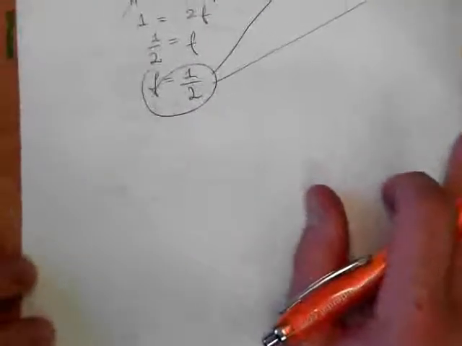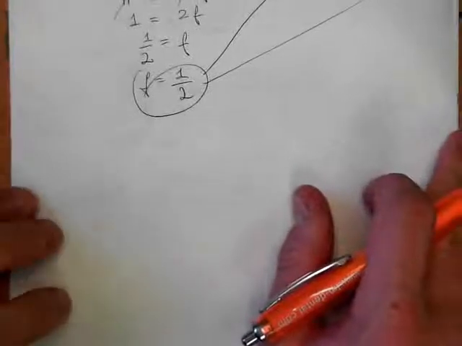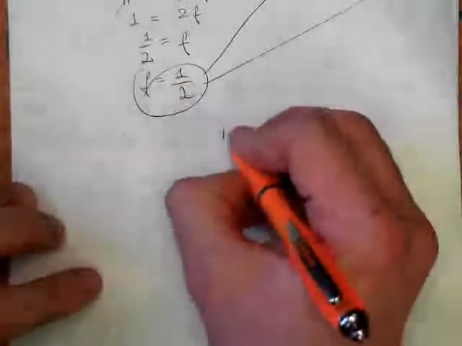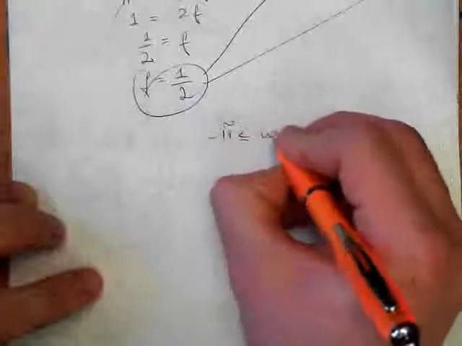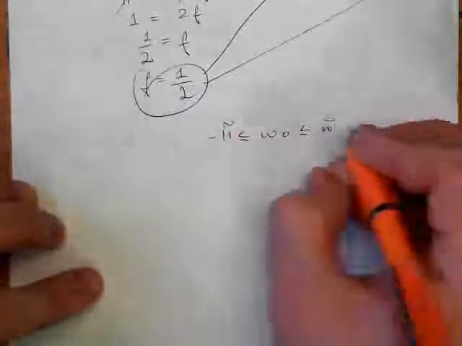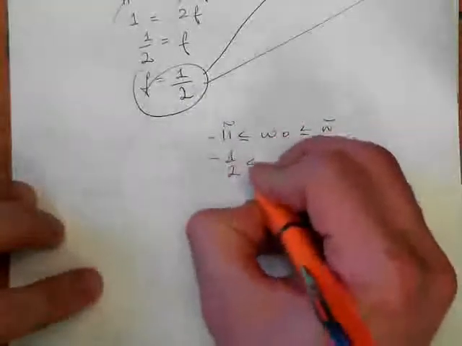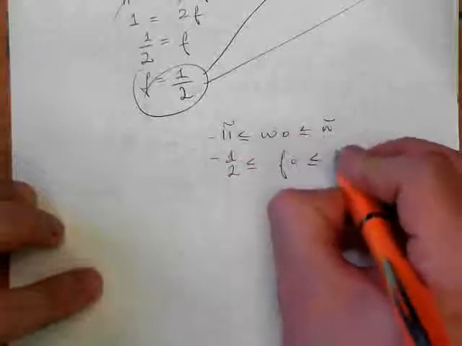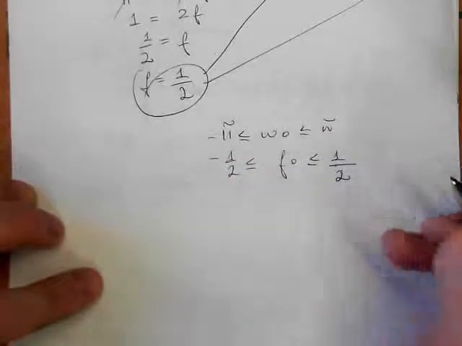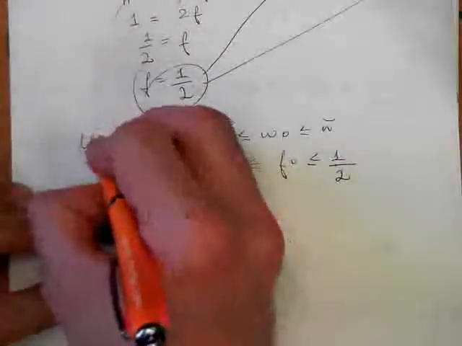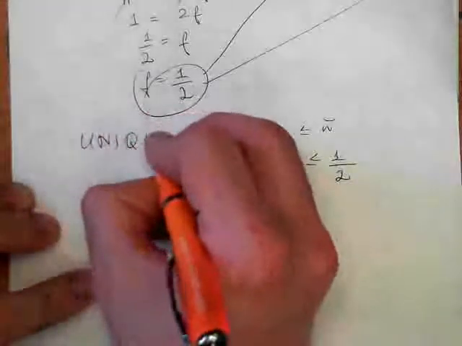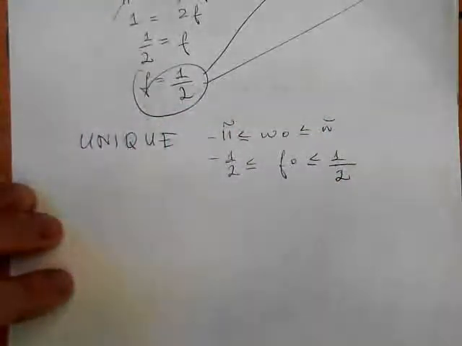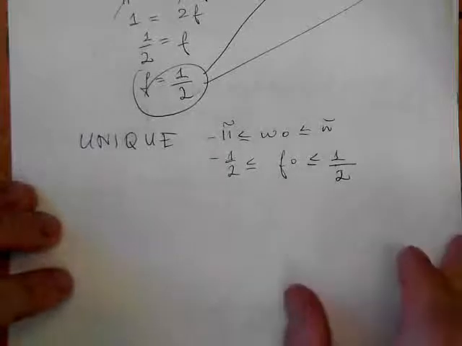I just need to follow the paper. So unique signals from minus pi to omega 0 to pi, minus half to f0 to half. These signals are unique, having these frequencies.